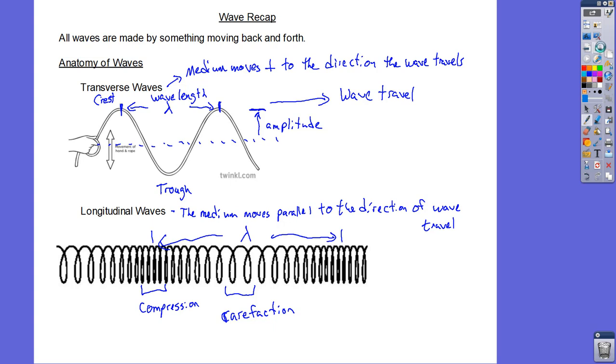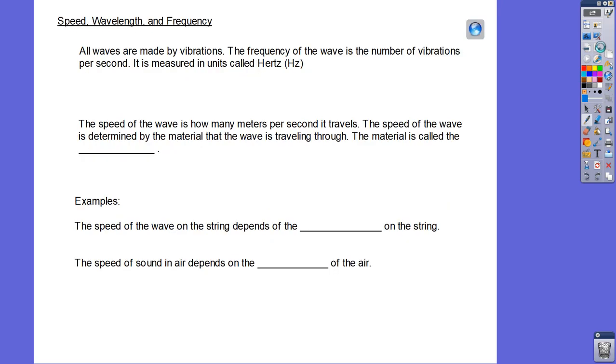So sometimes it takes a while for the slide to change. There we go. Alright, so we have speed, wavelength, and frequency. So what's frequency all about? All waves are made by vibration, something happening over and over, or back and forth. So the number of vibrations per second is called the frequency. The units are measured in hertz.